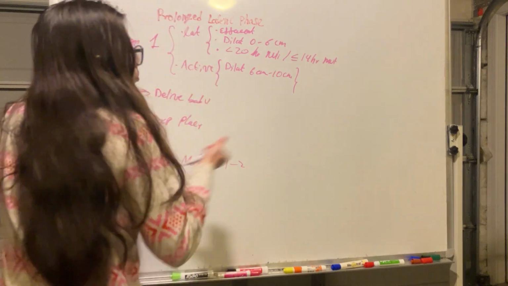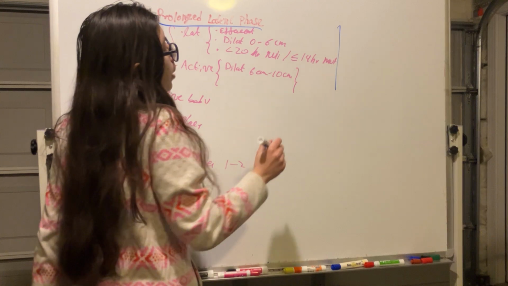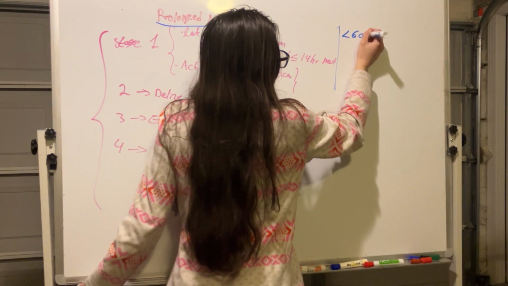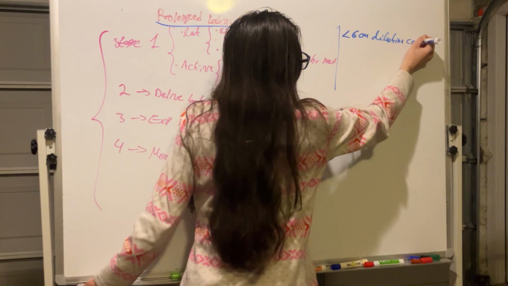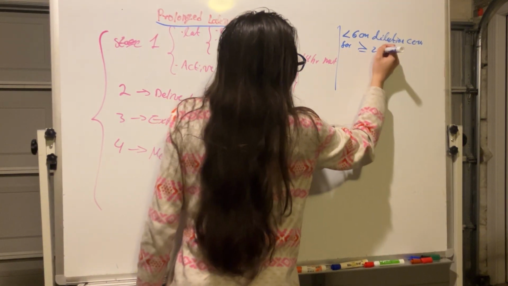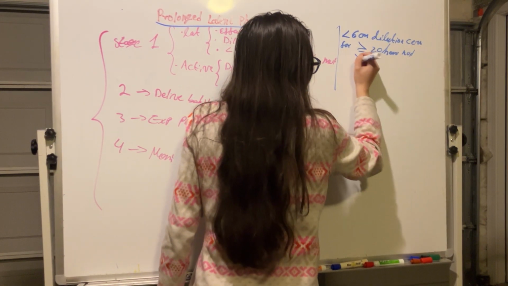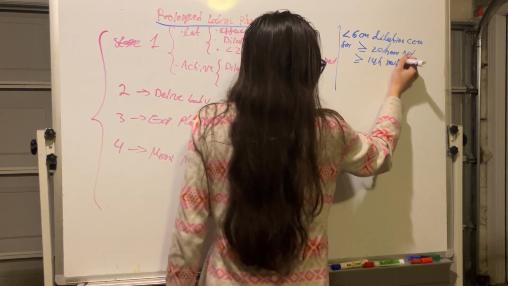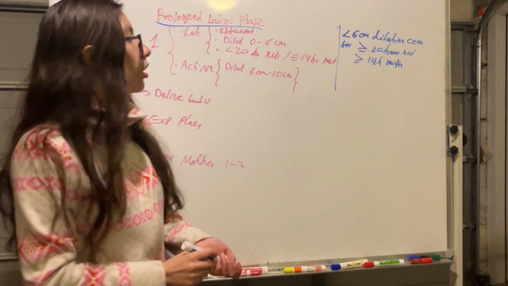So prolonged latent phase of stage 1 of labor is when we have less than 6 centimeters of dilation of the cervix for more than 20 hours if it's a nulliparous woman, or more than 14 hours if it's a multiparous woman. That is the simple definition of prolonged latent phase of stage 1 of labor.